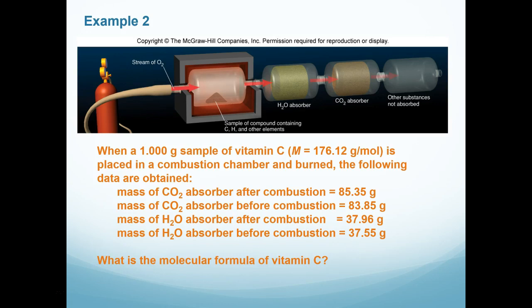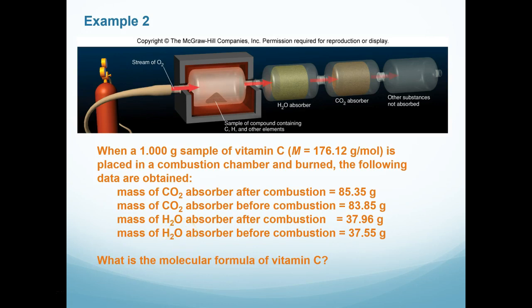So in this chamber we get the amount of water that's absorbed in grams, and we also get the amount of carbon dioxide that's absorbed in grams. So we can weigh the absorber before and after, and if we subtract these two, we can get the mass of carbon dioxide that we produced. We can get the mass of water that we produced.